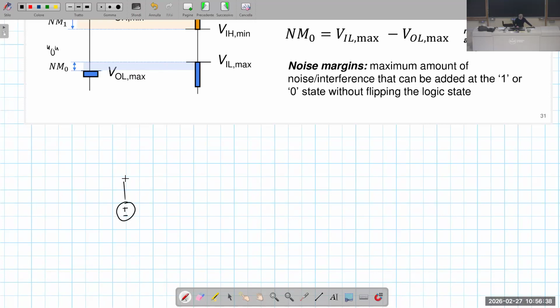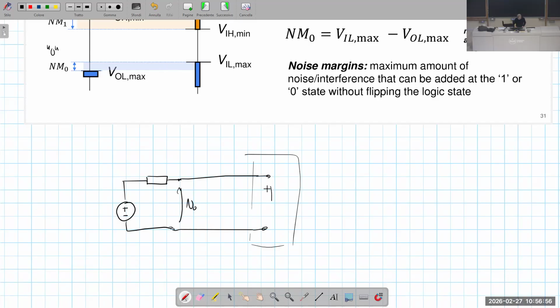our digital output, and here we have our digital input. Suppose that this is like an open circuit.